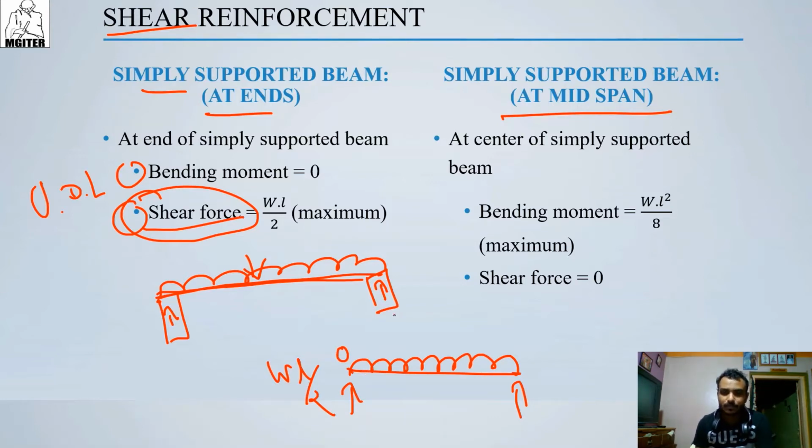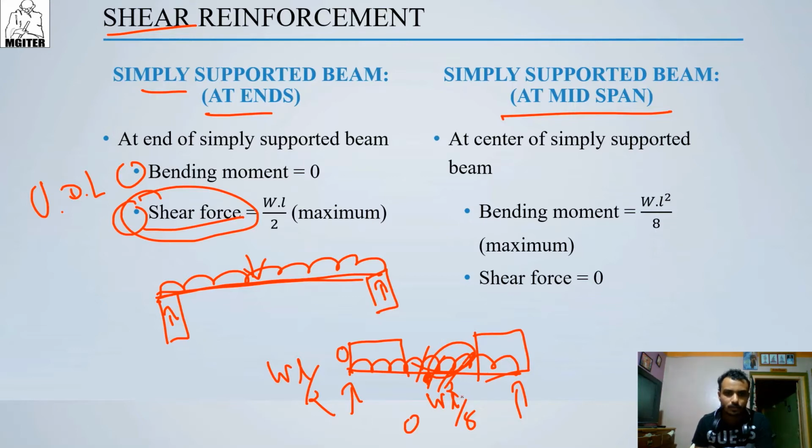At the mid span, the bending moment is WL square by 8, but the shear force is 0. So if you are going to design shear reinforcement, you have to provide it at the ends. We do not need to provide it at the center.